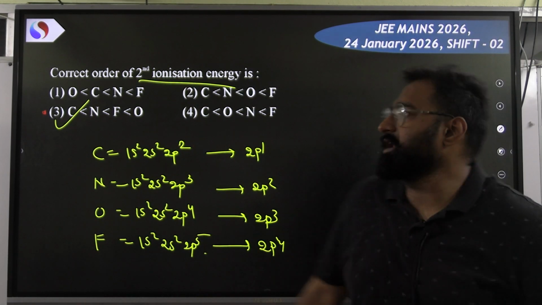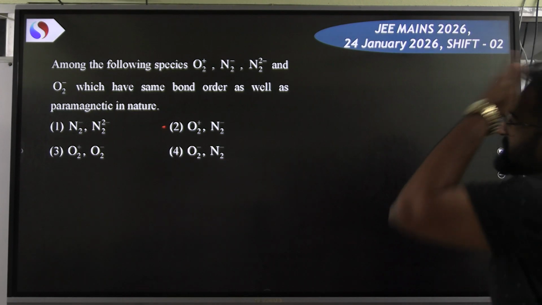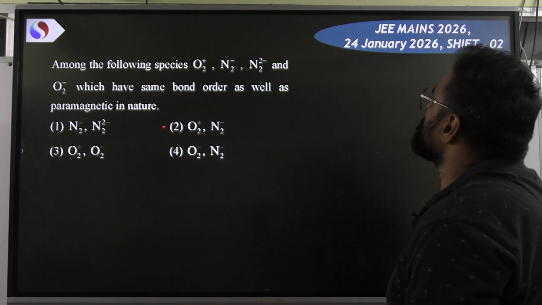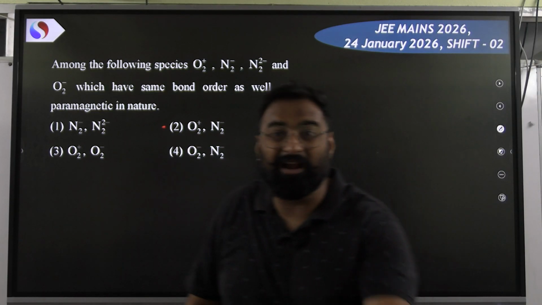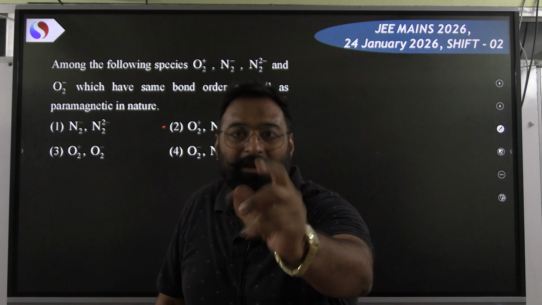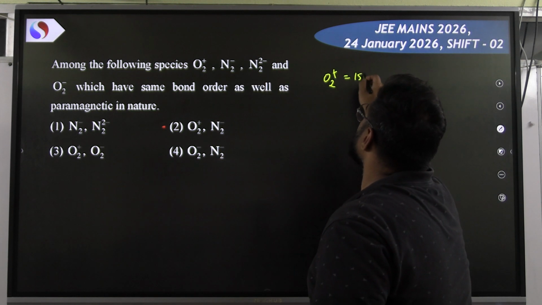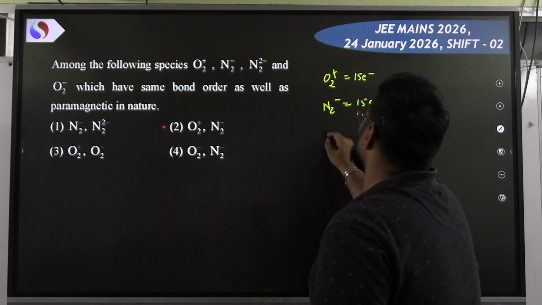Simple NCERT line question. Next, which of the following species O2, N2, O2 plus, N2 minus, N2 minus 2 and O2 minus have same bond order as well as paramagnetic nature? It is not even a 20 second question, see quickly. O2 plus means how many electrons? 15 electrons. N2 minus means 15 electrons.